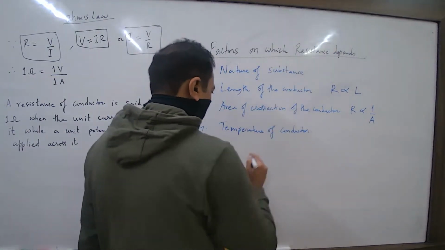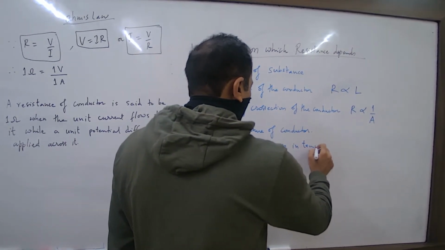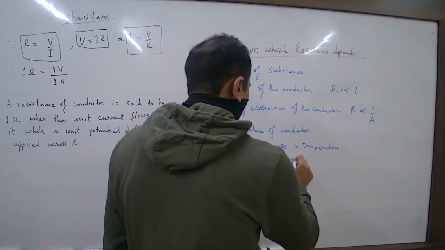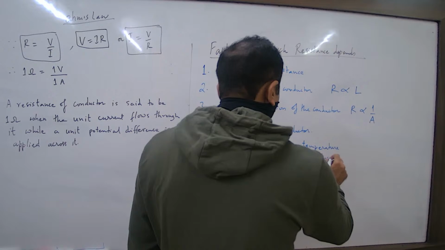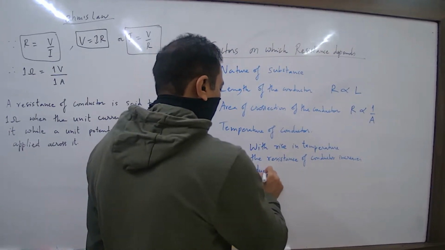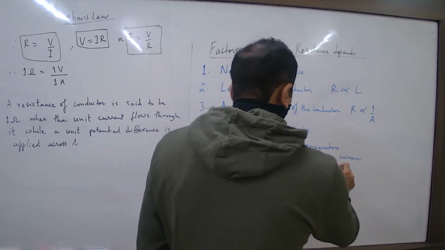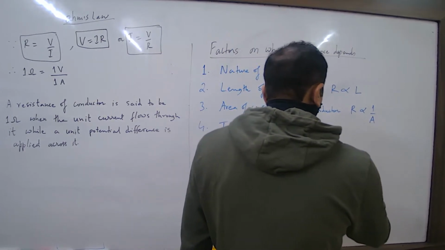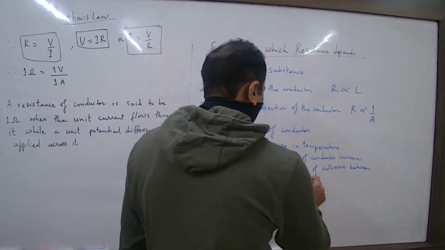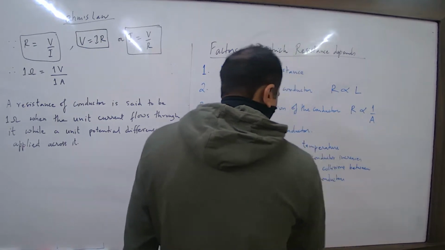So with rise in temperature, the resistance of conductor increases due to increased number of collisions between electrons and positive ions of the conductor.